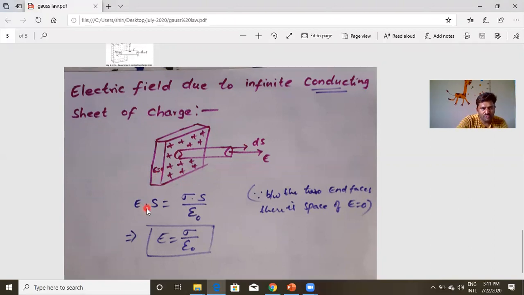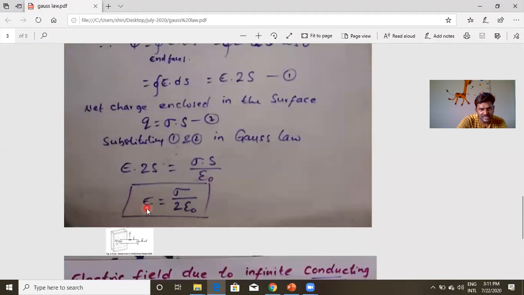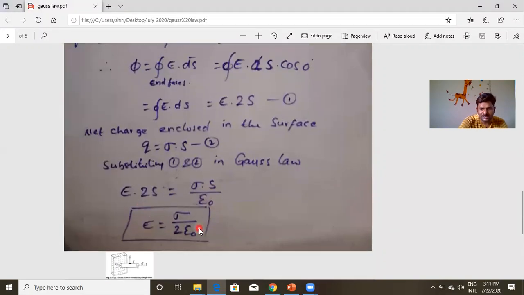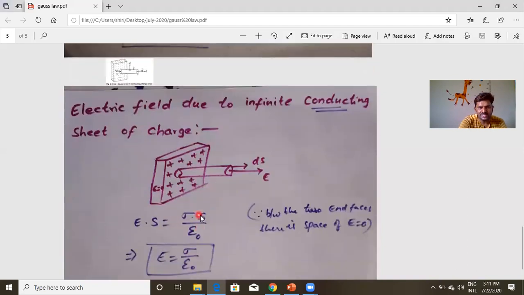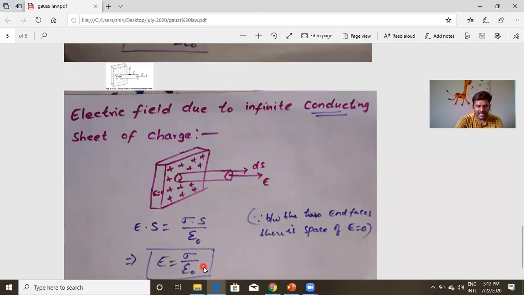So if you see here, what we get is E into 2S equals sigma S by epsilon naught. Here we get E into S equals sigma into S by epsilon naught. So if S and S cancel, E equals sigma upon epsilon naught. That means here the electric field intensity is double the electric field intensity due to a plane sheet of charge.